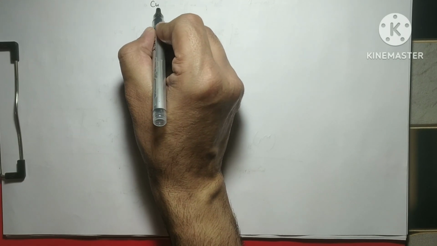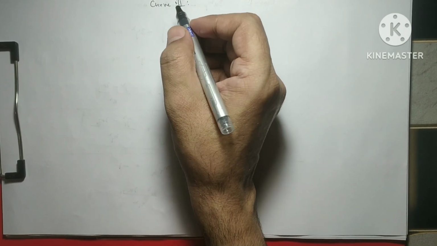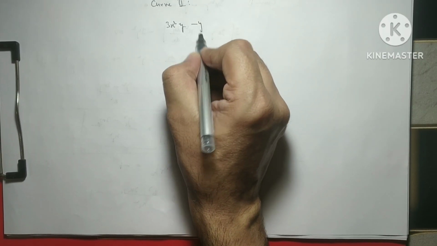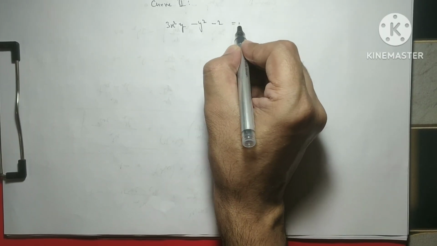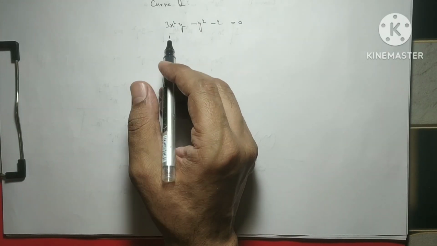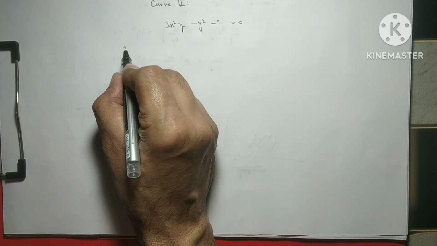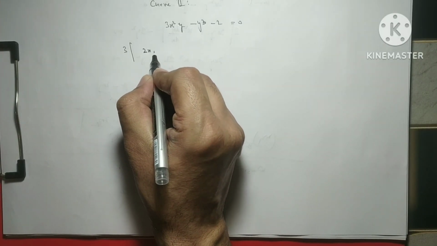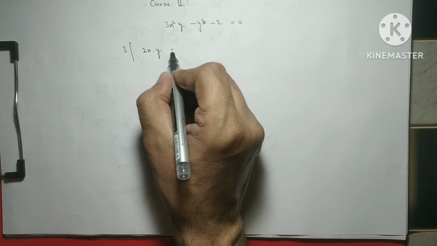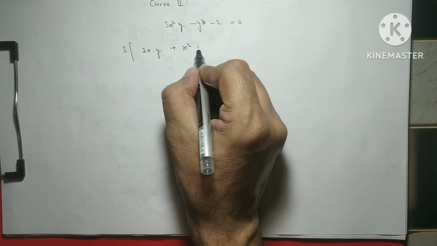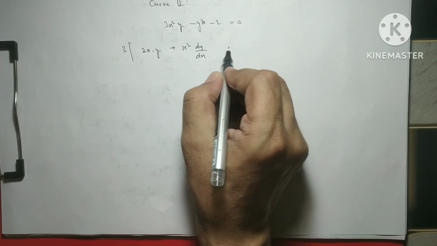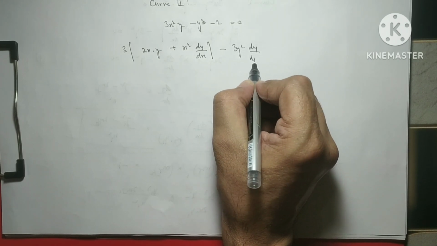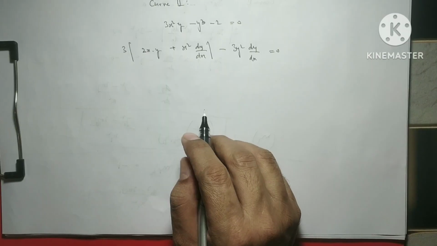Now the curve 2, 3x square y minus y cube minus 2 equals to 0. So we will use differentiation. We get 3 into 2x into y plus x square into dy over dx minus 3y square dy over dx equals to 0.